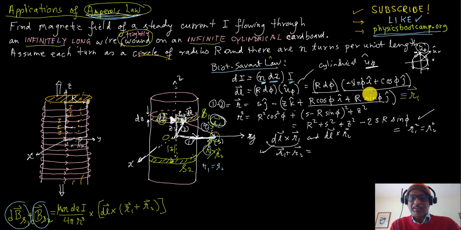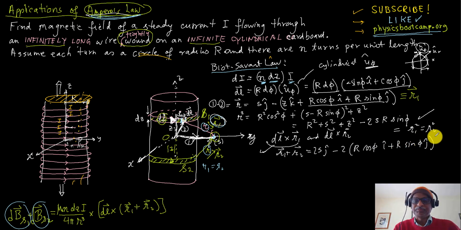Other things will all remain the same. So this would just be 2 times sj hat, and then 2 times these, minus 2r cosine phi I hat plus r sine phi j hat. Okay.